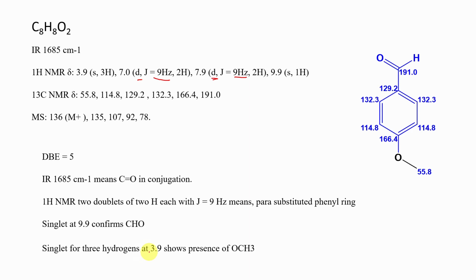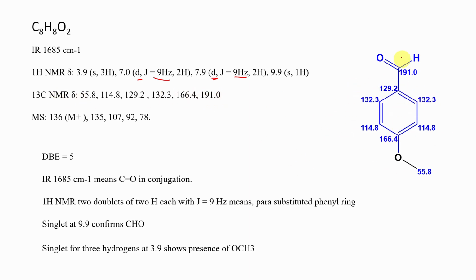These are the carbon 13 NMR values: 55.8, then 114.8, 132.3, both are the same, 132.3, 132.3, 114.8, 114.8, then 166.4, and 191, 191. All these are carbon 13 values.